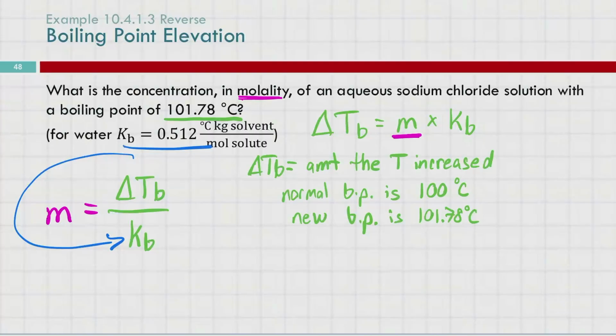So the amount that it went up is the difference between those two. 101.78 degrees Celsius minus 100 degrees Celsius equals 1.78 degrees Celsius. That is our delta T_b.